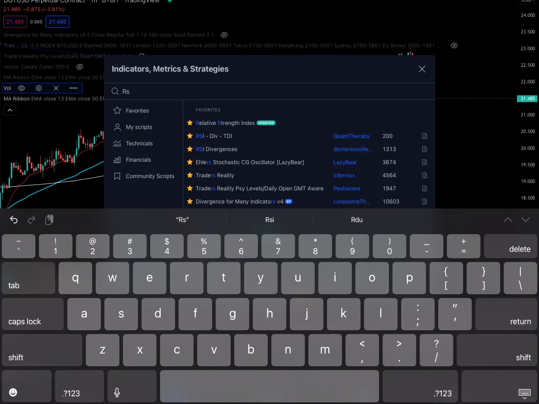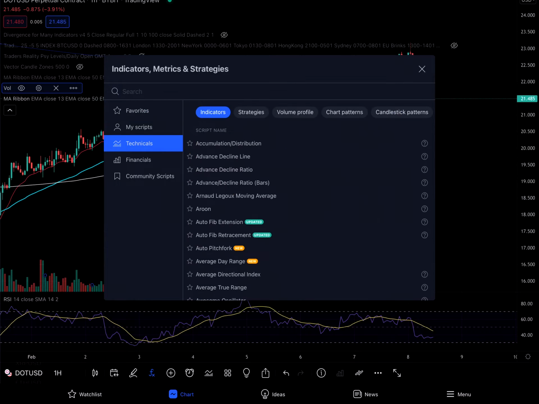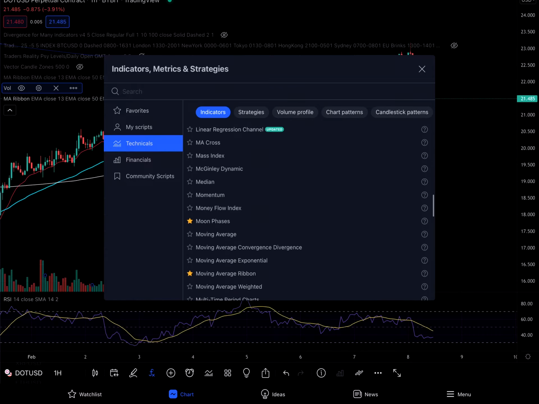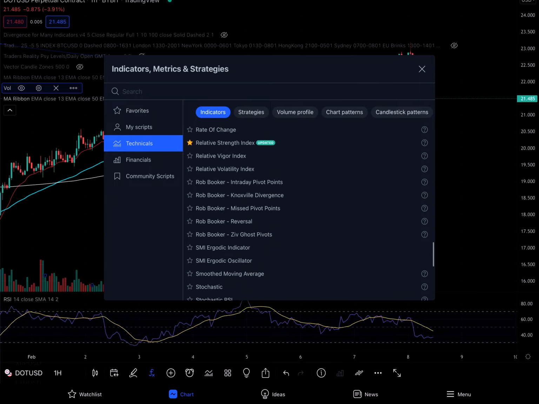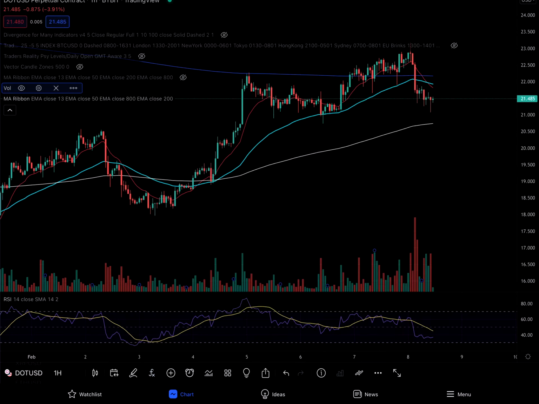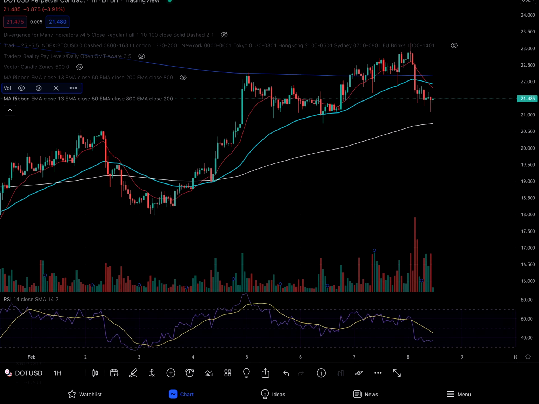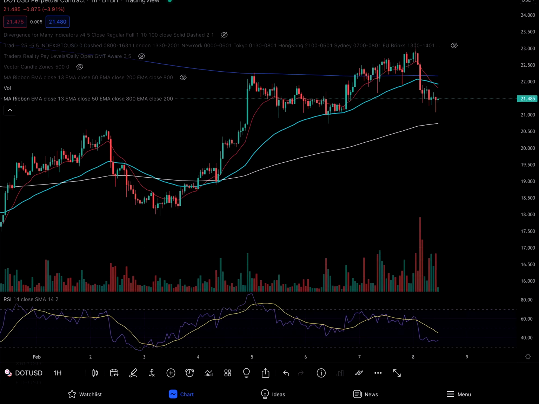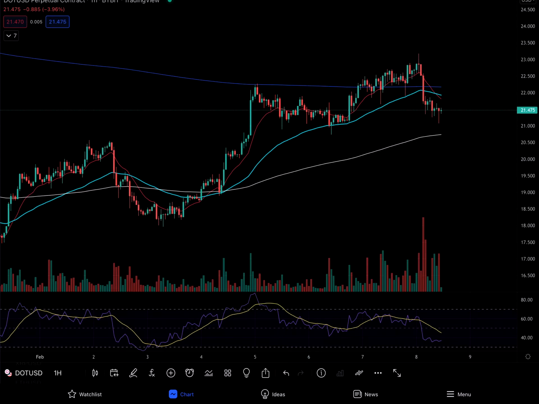Maybe that's why. Technicals, indicators. Okay, guys should be able to get that one. That's nice, I got a moving average line with the RSI. It didn't used to be that way, so that's actually an upgrade for you guys who are running free.